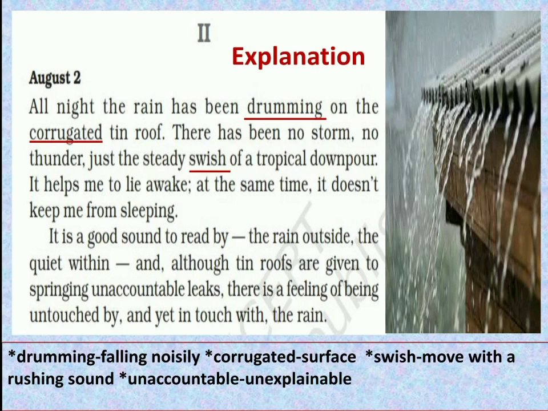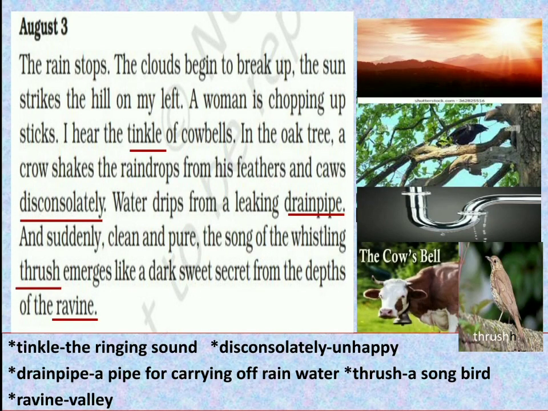And the writer also explains how the sound of the rain creates a very good atmosphere for him to read a book. There was rain outside and silence in the house. So he mentions the usual leaks from the tin roof, but there were no leaks in his house. These tin roofs give a feeling of being untouched by the rain as there is no leakage, but he was totally connected from within. Now let's see the next day's diary.